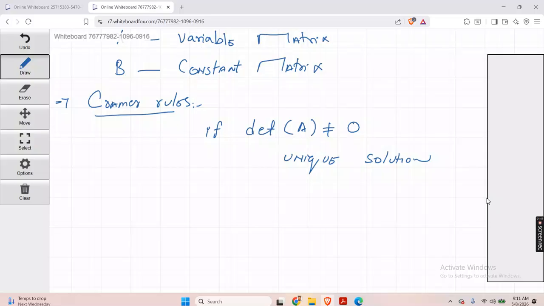For example, we have the main determinant, and then from that determinant we also make other matrices. When we are solving the example, it will be easy for you. I'm just writing these formulas for it.